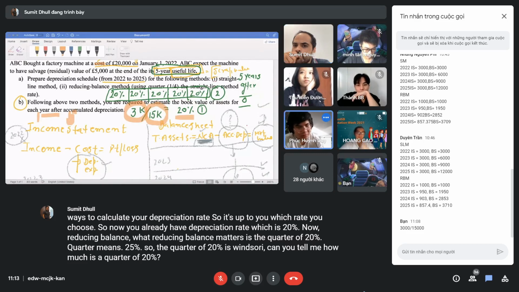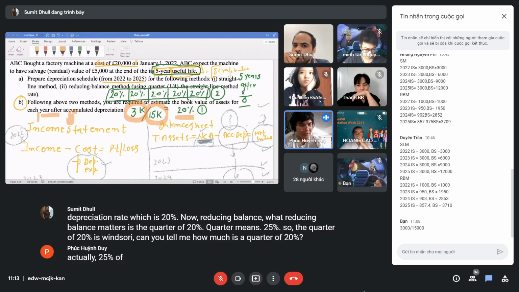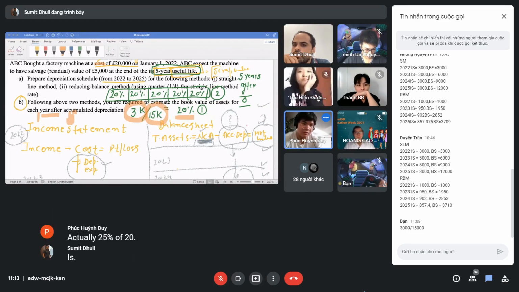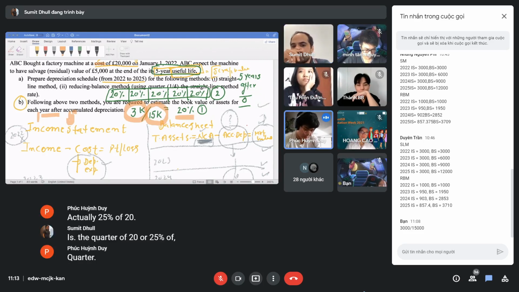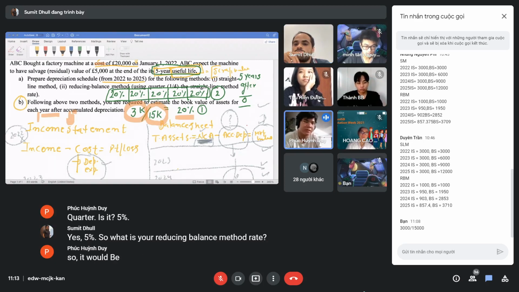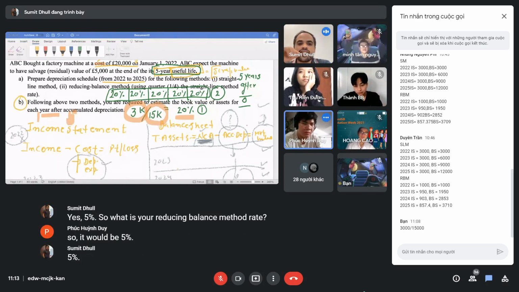So 25% of 20 is 5%? Yes, 5%. So what is your reducing balance method rate? It would be 5%. And first year, 5% of 20,000.